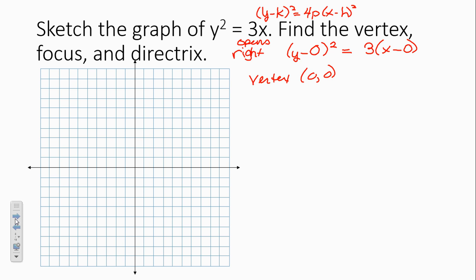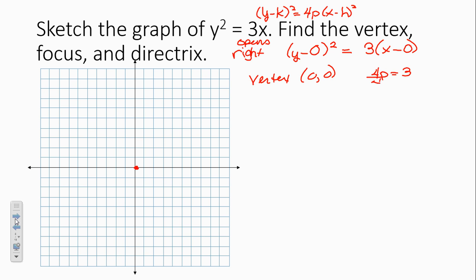So next step. We know it's opening to the right. So we need to figure out what our 4p is. Well, 4p is this 3, isn't it?